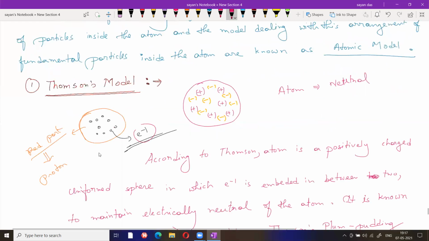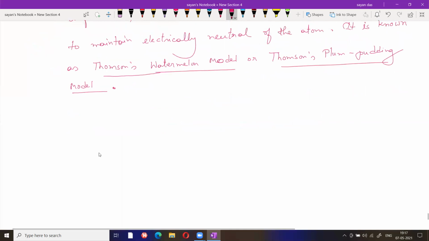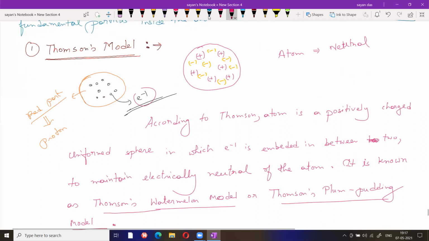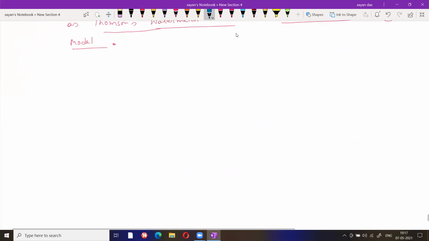Any doubt? But there is no logic in this, no mathematical derivation, no mathematical proof present in this model. What are the drawbacks of this model?